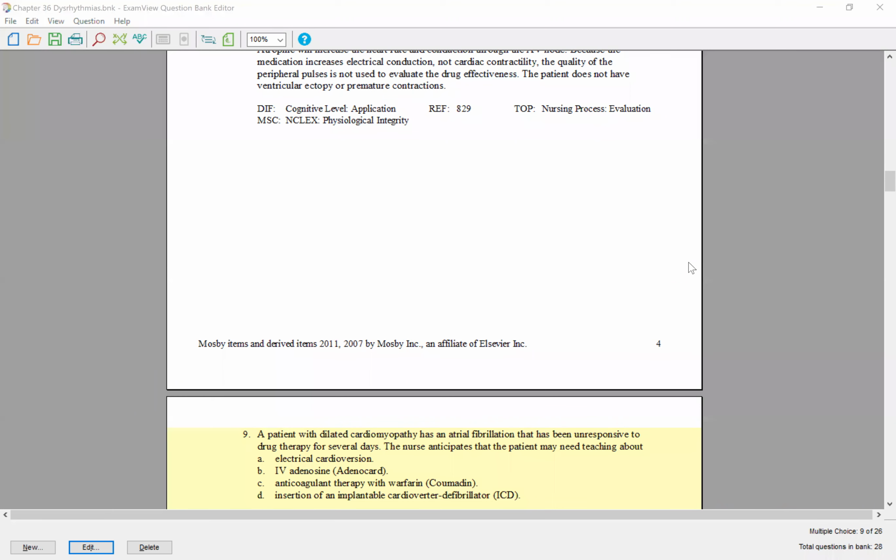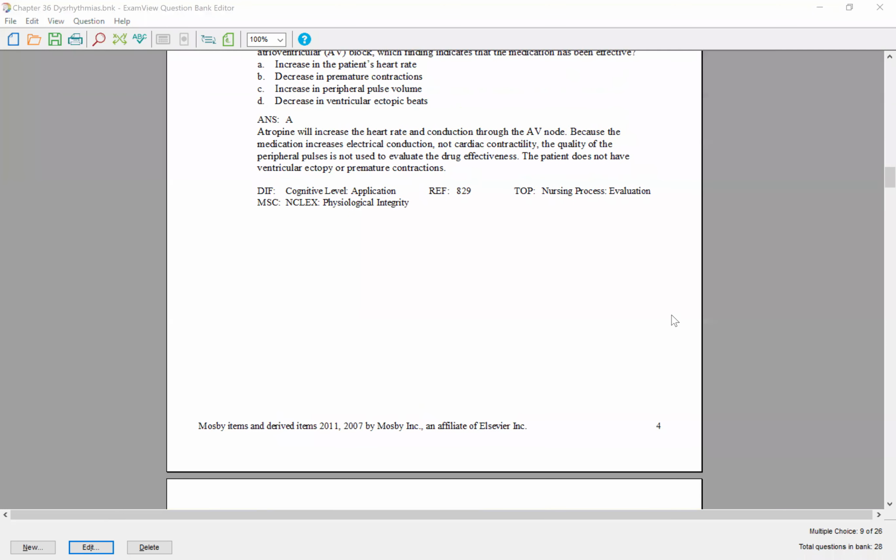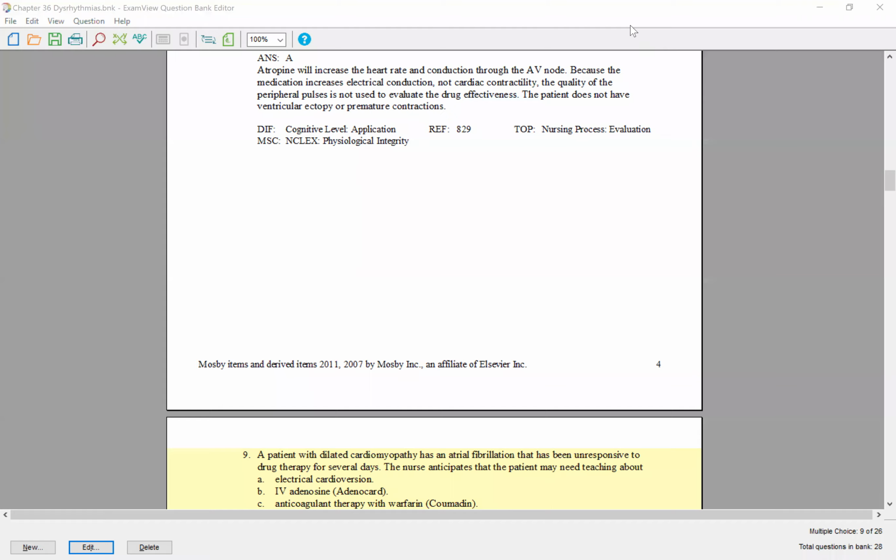So it would have helped if the drug therapy was specified as to what drug it wasn't responsive to. Yes, because I saw the drug therapy and right away I discarded two of the drugs. Okay. Well, that isn't my question, so you won't see it like that.